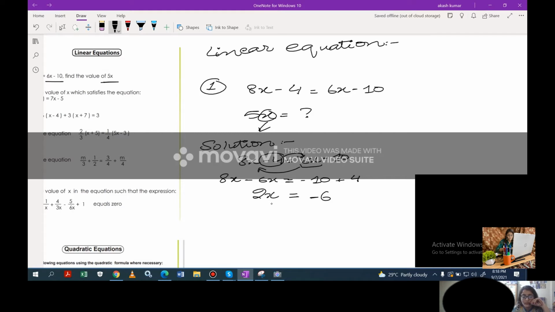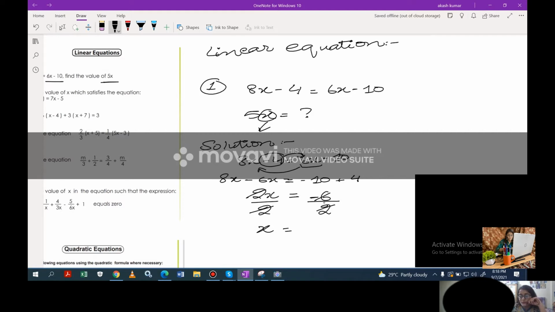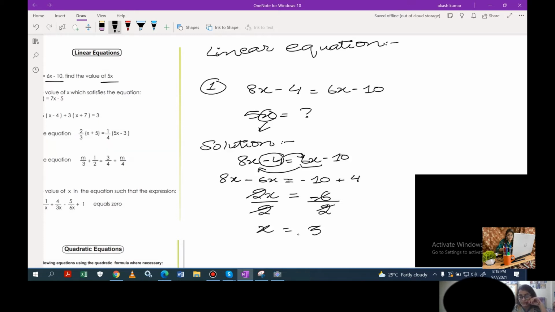Then if we divide both sides of the equation by 2, the 2 cancels out with the 2. What will be left here? x equals, 2 goes into minus 6 how many times? 3 times. Will it be plus 3 or minus 3? Minus 3. So this is our value of x.